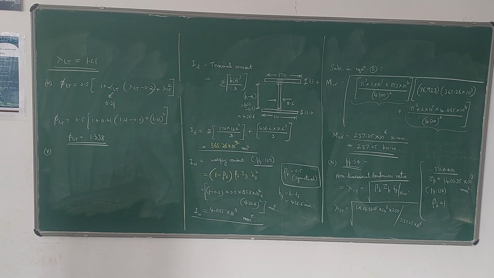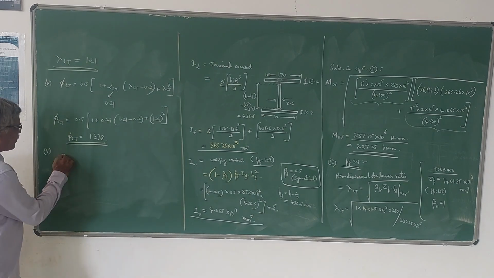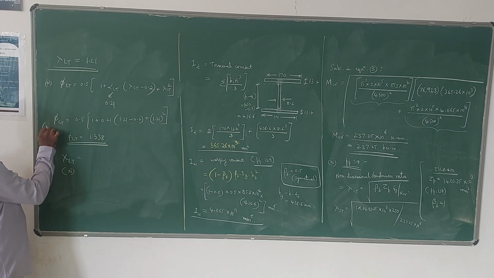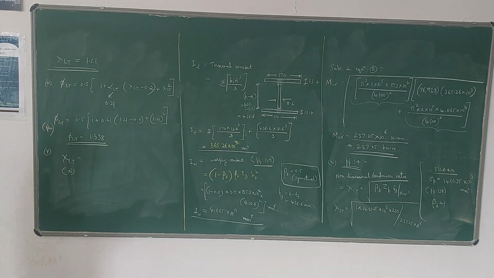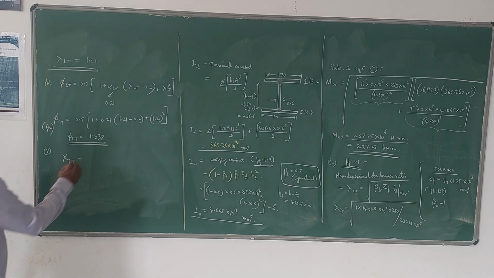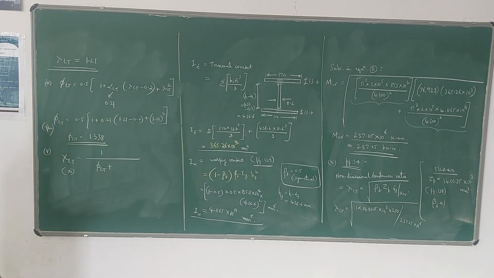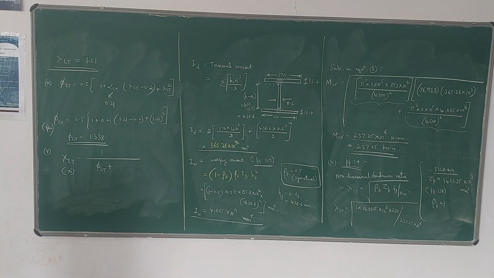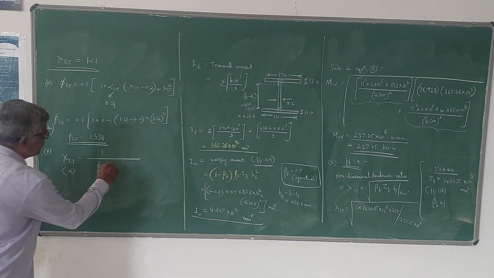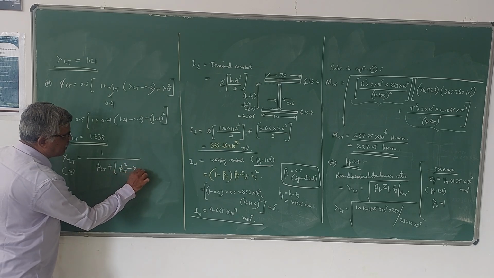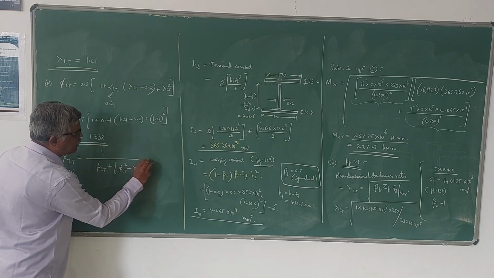Xi LT, the bending stress reduction factor. The Xi LT formula: Xi LT is equal to 1 divided by phi LT plus the square root of phi LT square minus lambda LT square, that is, to the power of 0.5.